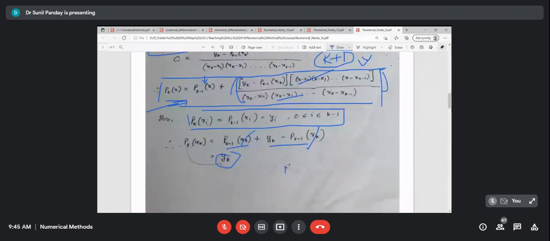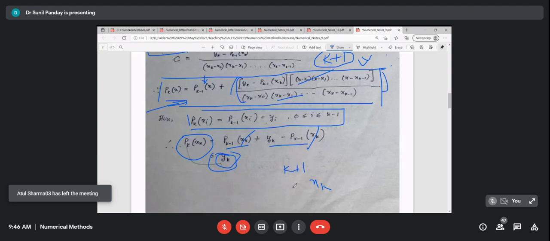So it means the k plus 1th point remaining, that is xk, for which the interpolating condition is also satisfied. So you have found a way to construct a polynomial of degree k for k plus 1 data points. So there exists a polynomial of degree at most k for k plus 1 data points.